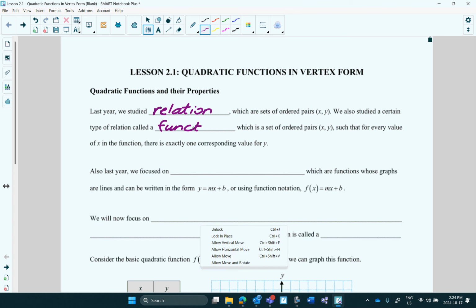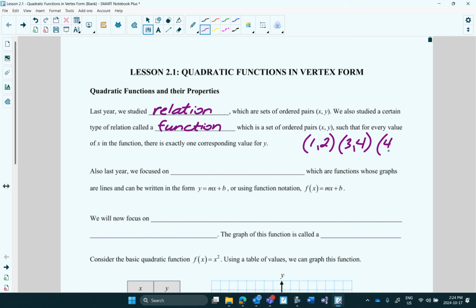What was the difference between the two? Well, a function is a type of relation. It's an example of a relation where for every x value, there's only one y value. So like if we had a set of ordered pairs, this would be a relation.